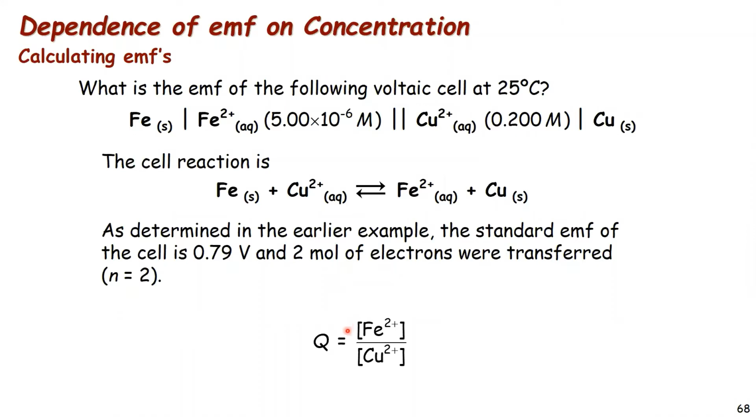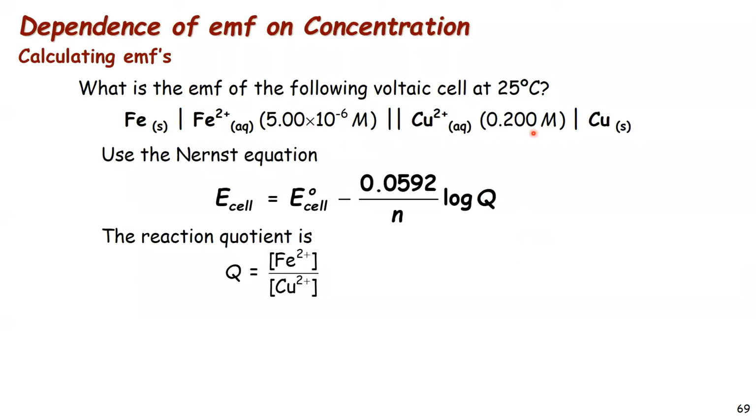Now we need to calculate Q, which is just, again, the concentration. Now remember, in the balanced chemical equation, Q is the product, so in this case, iron raised to the first. Pure solids don't appear in the equilibrium constant expression, then divided by our other reactant, copper 2+ raised to the first. Again, these are the initial concentrations, so we're simply going to plug those values in.